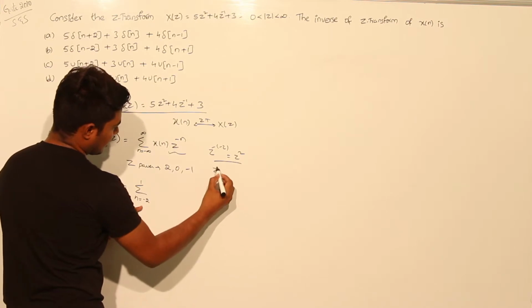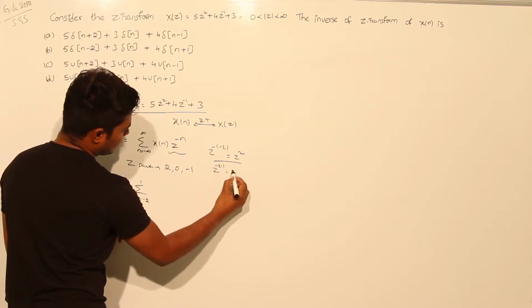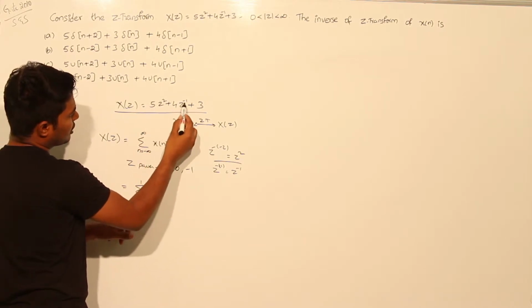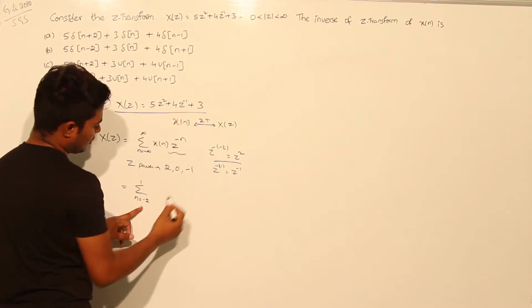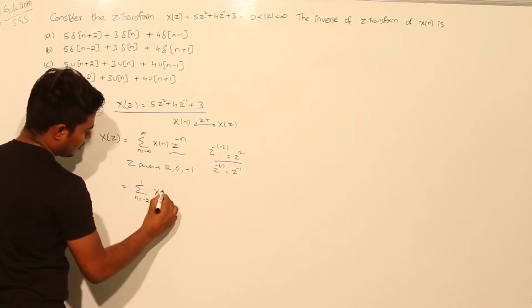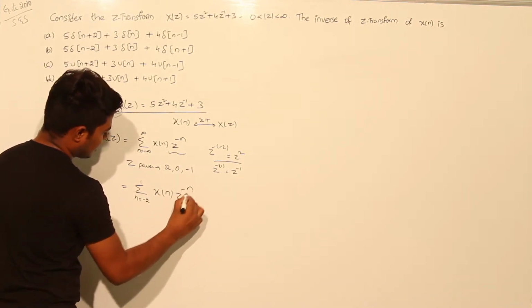If you put n equal to 1, it will become z inverse. So we have z power 2 down to z power minus 1, so we have to take the range from n equal to minus 2 to 1 of x of n z power minus n.